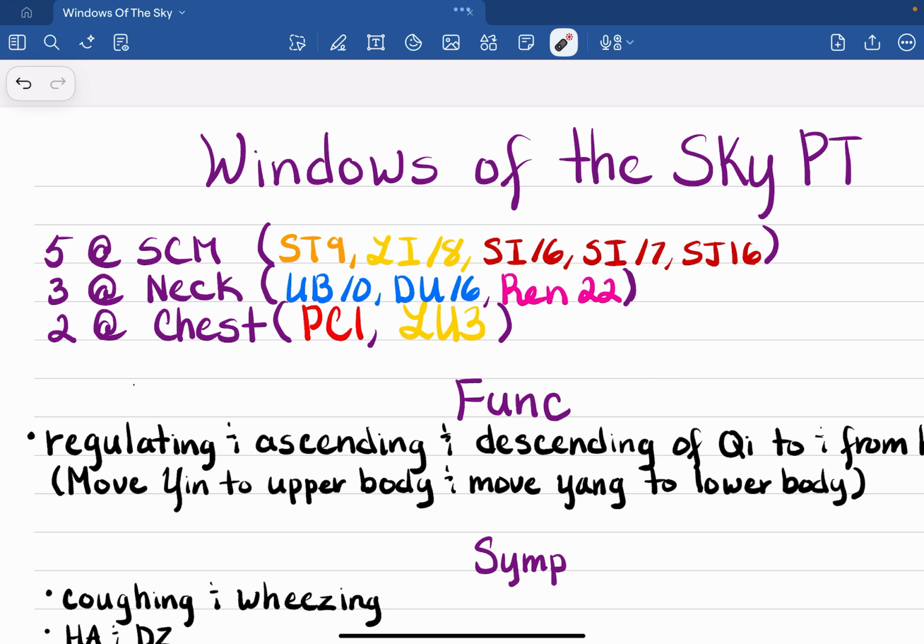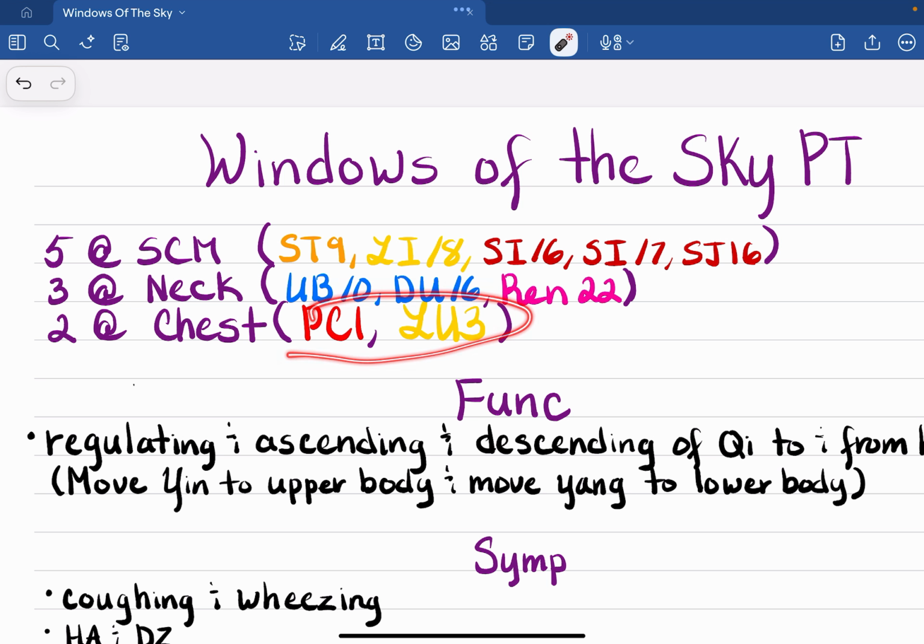They don't quite align parallel. PC1 could be slightly higher than lung 3, but you can think of it as somewhere in the front, around the chest area. These you'll just have to memorize, the PC1 and the lung 3.